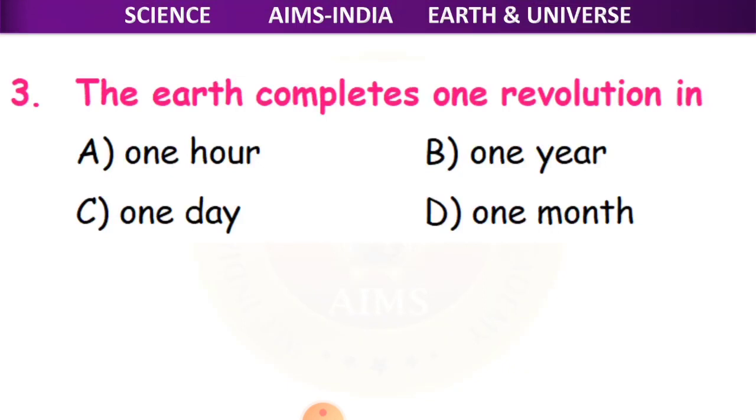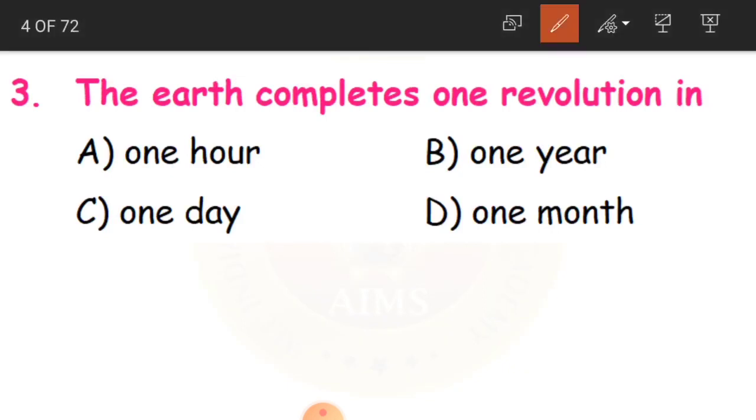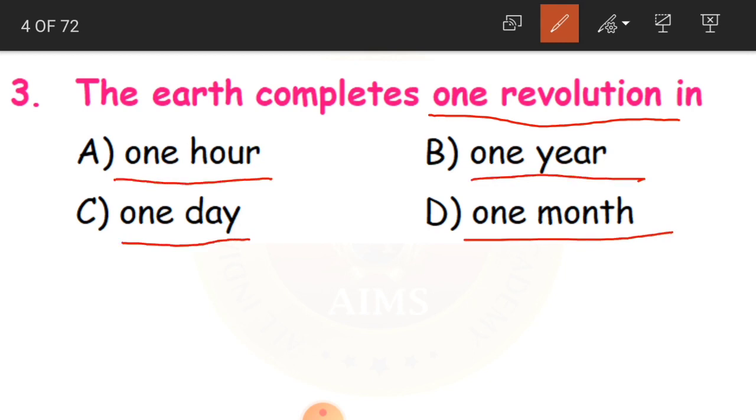Clear? Now the third one, the earth completes one revolution in. Is it 1 hour, 1 year, 1 day or 1 month? What is revolution, children? When the earth revolves around the sun, that is called revolution.